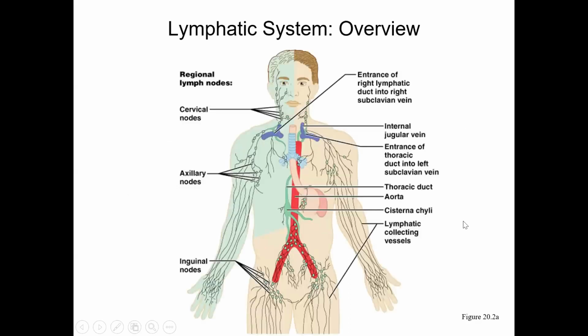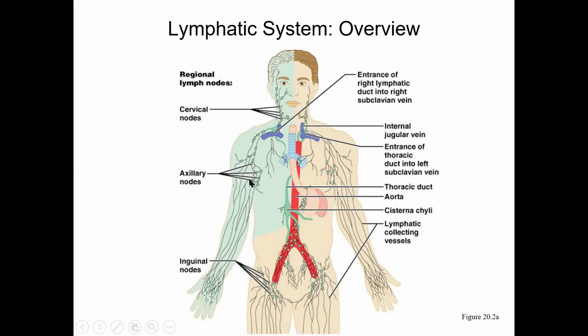If you look at this diagram, which is in your book, page 769, you can see on the right side this shaded area. That's where the lymph drains to the subclavian vein on the right side. This side covers the right upper extremity, the right side of the head and neck, and part of the trunk on the right side.